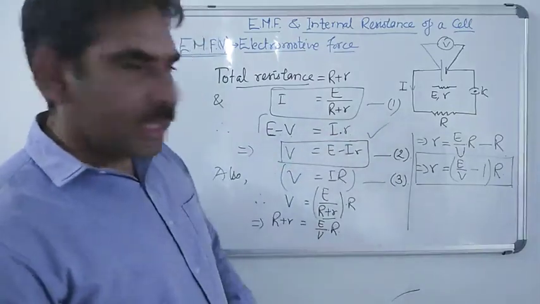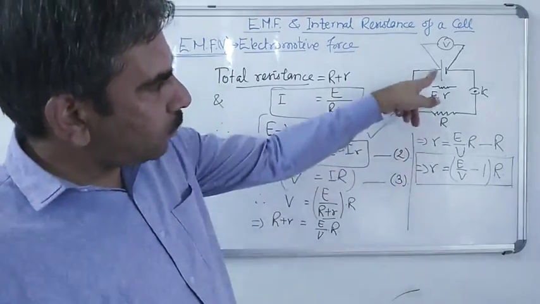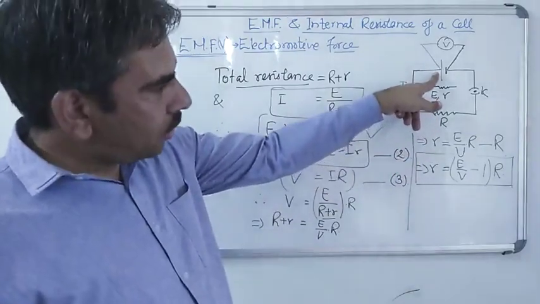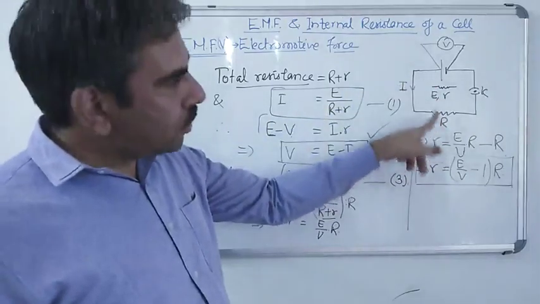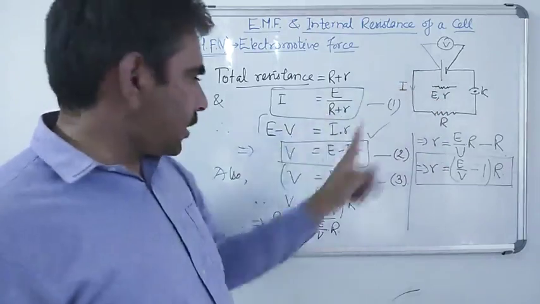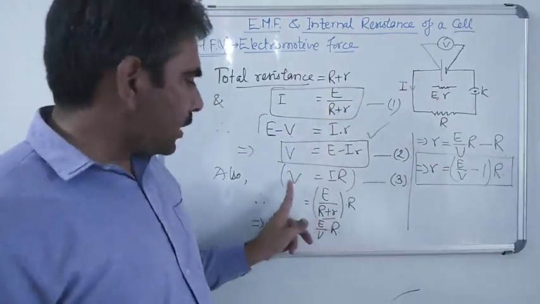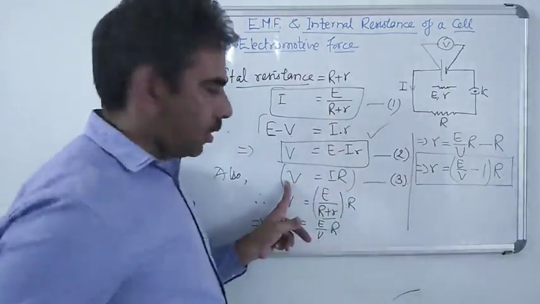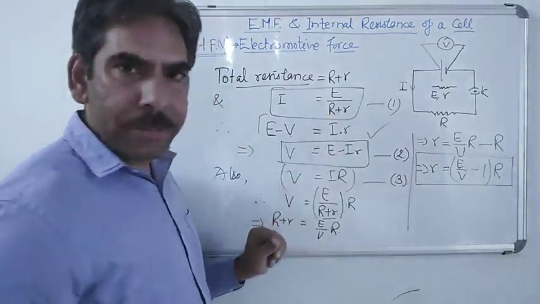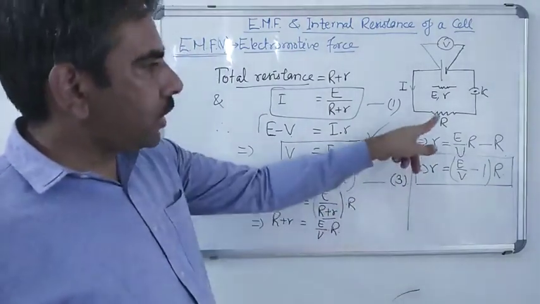And we also understand that it is the same, because the external resistance is connected across the same two terminals of the cell. So the potential drop across the external resistance is also equal to the terminal potential difference of the cell. Therefore we are writing V, the terminal potential difference, is equal to the potential drop across external resistance R. It is equal to I times R. This is actually the net resistance of the circuit. We are taking only one resistance.